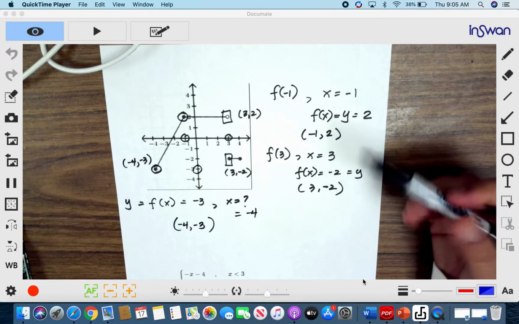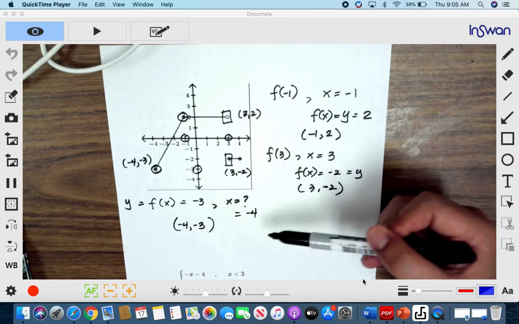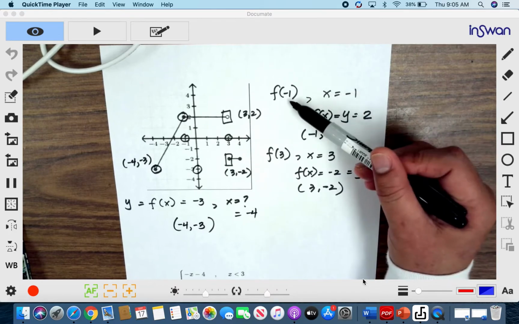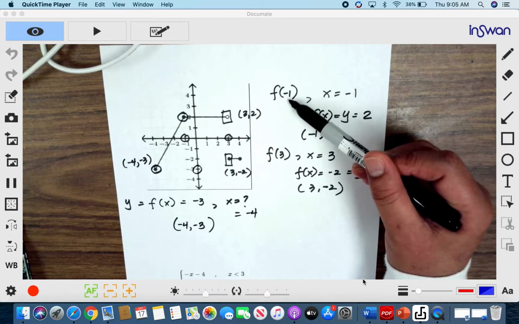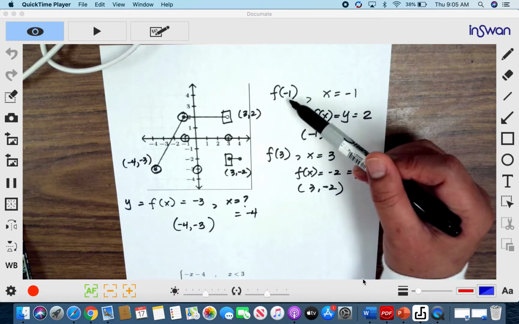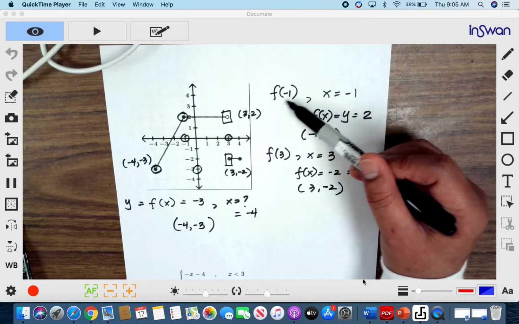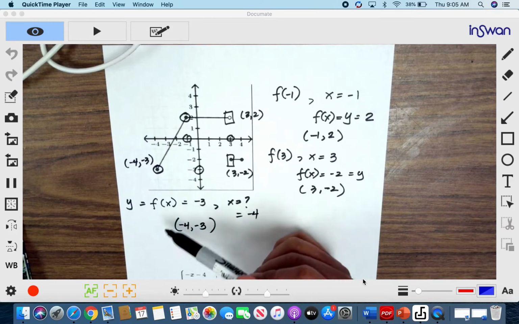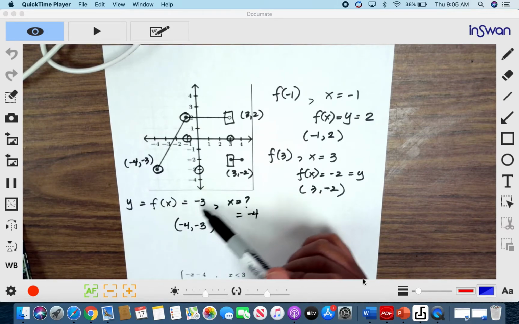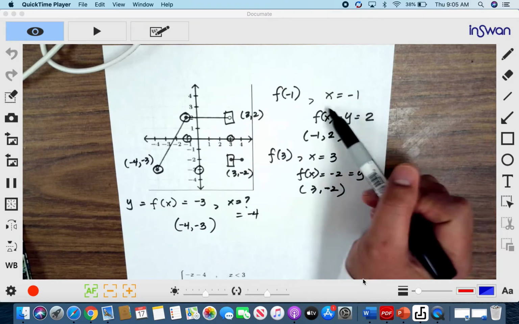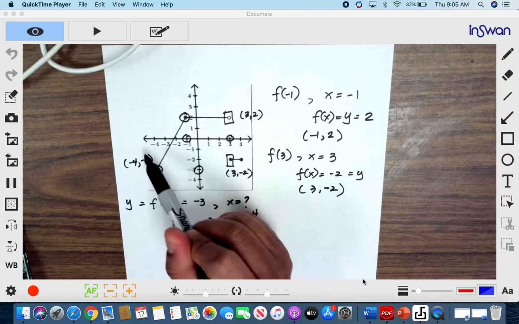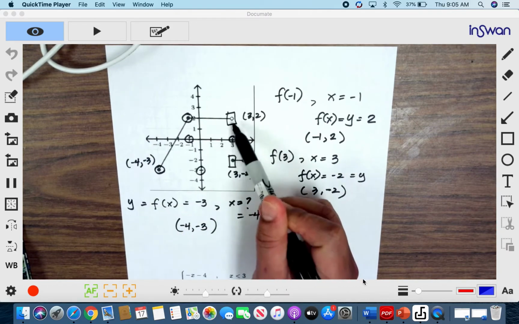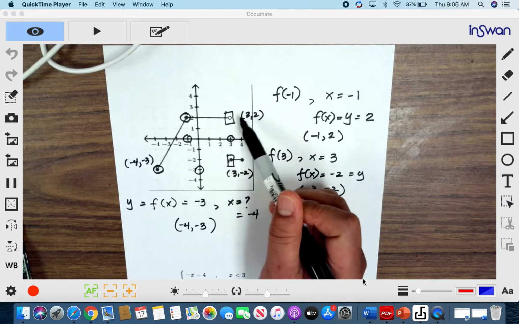So that's how you evaluate using graphs. First, identify whether you are given x or y. It's x if the number is inside the parentheses, and it's y if the function itself is equal to that number. When you're given x, you go to the horizontal direction first and look for the y where your graph will be hit.